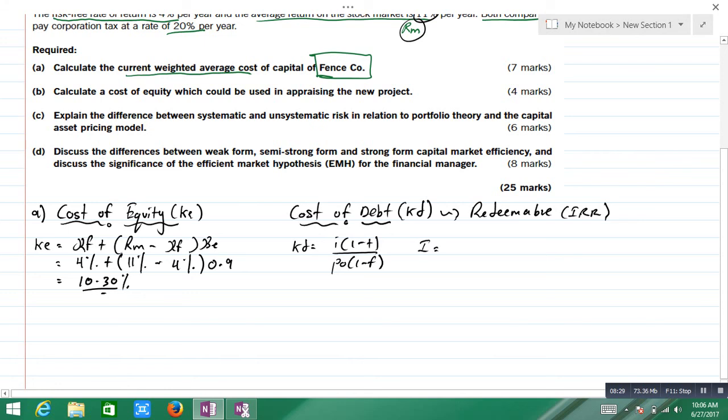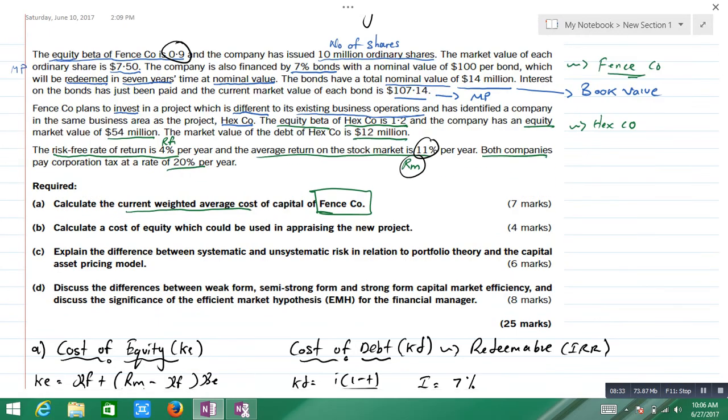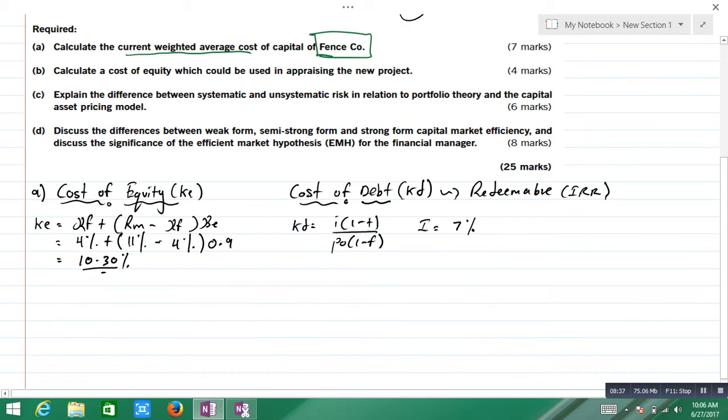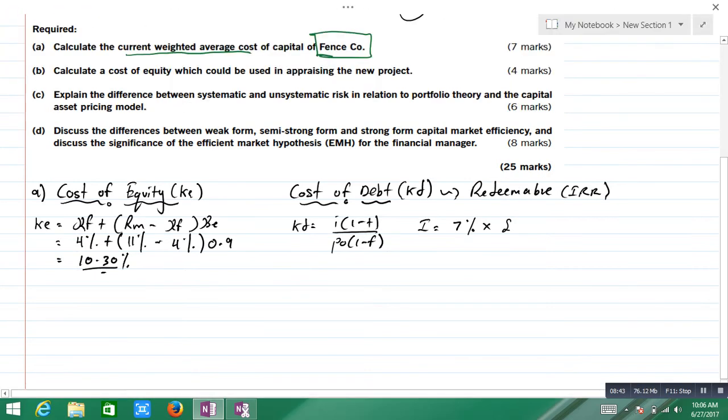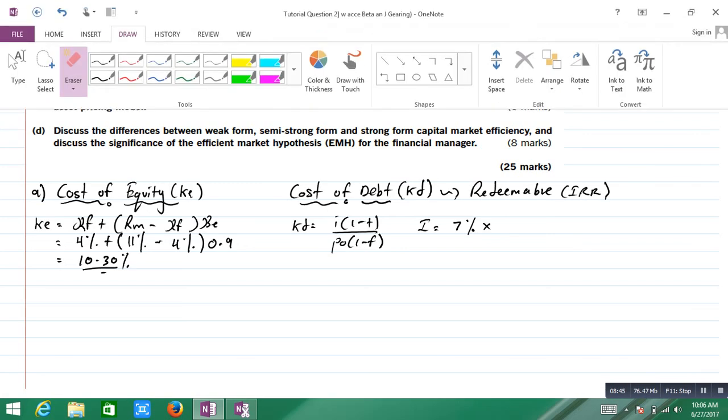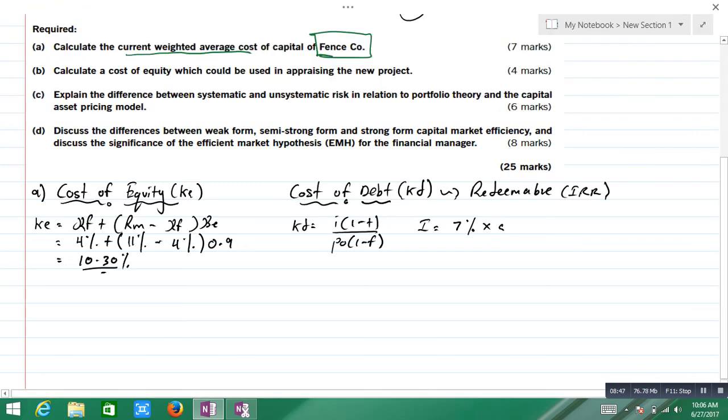7% bond times, sorry, we're used to the pounds. This question is using dollar, don't forget. $100, the par value is always 100. It can be 100 ringgit, 100 pounds, or whatever, but it's always 100.